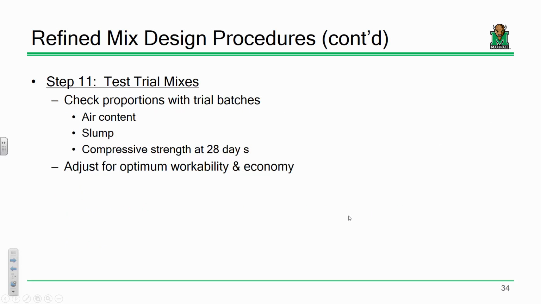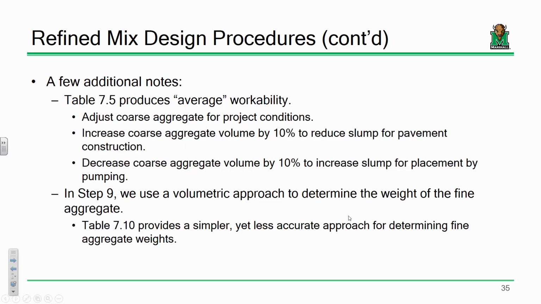Okay. Now, a few additional notes. This is just food for thought for later. The workability stuff in Table 7.5, the slump stuff, produces what we'll call average workability. So the way that you should adjust your mix is to adjust your coarse aggregate, not upping or decreasing your water.